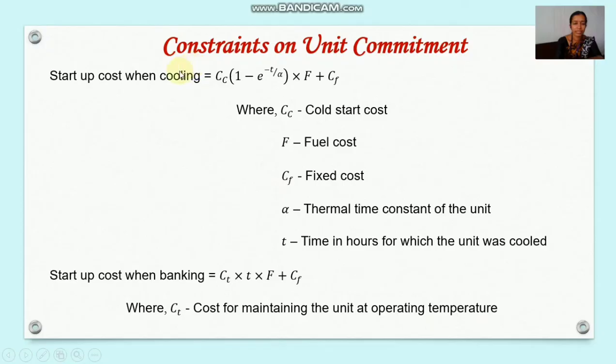Here we may think that the cost will be less with banking because the operating temperature is already there, so we need not spend much energy for bringing the unit online. Is it so? No. There is an additional cost in banking. We have to spend energy for keeping the unit at its operating temperature.